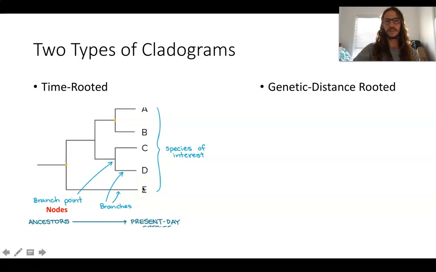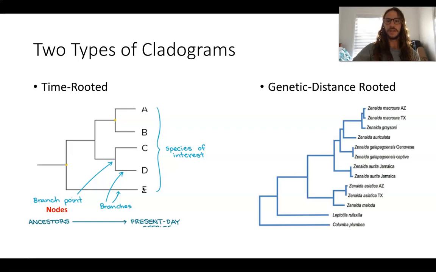Let's look at the second type of cladogram. It's a genetic distance-rooted cladogram. And you will notice an obvious difference here. Instead of all the species names being lined up, they are not lined up. And the way in which you can infer how closely species are related in this type of cladogram is by just looking at the literal distance of the line.